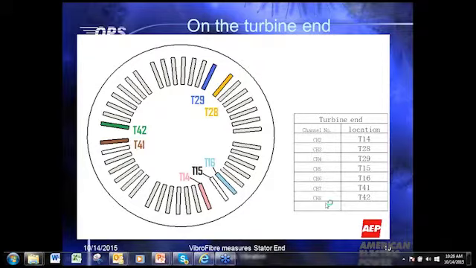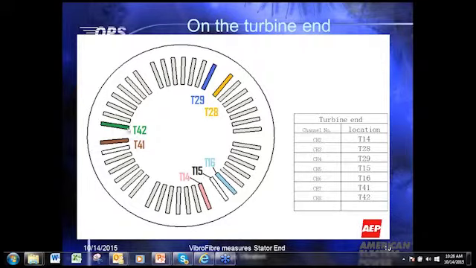In this case, you see the problem of T16 is channel 6, and then T15, with a strong resonance, is channel 5, and we also placed one at T14 shown here.